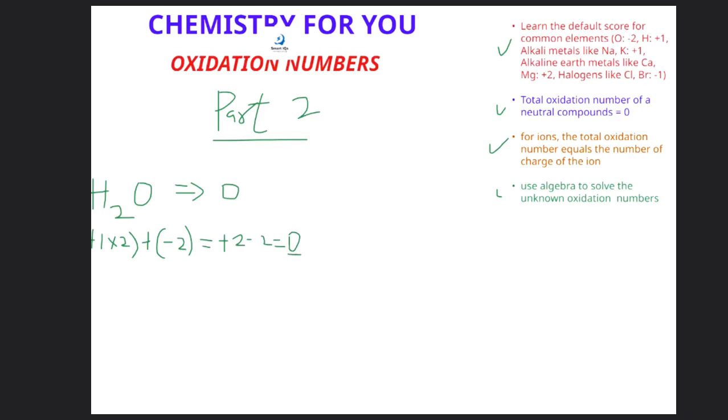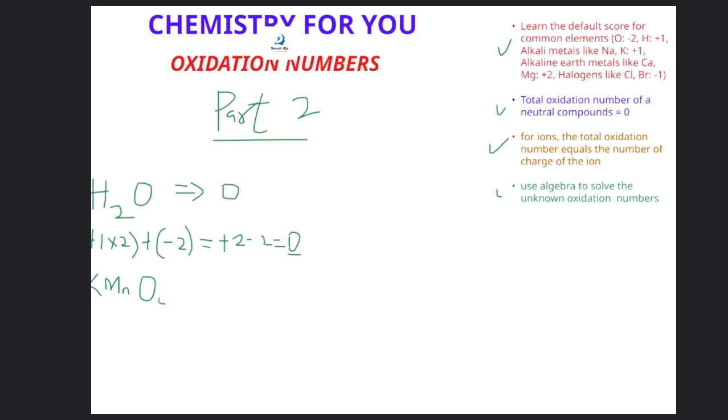Good. The next thing we are going to talk about is the next example. Let's say we want to verify also for potassium permanganate, where we don't know the oxidation number of manganese. It is very easy to do that also. Let's say you have your potassium permanganate, KMnO4.